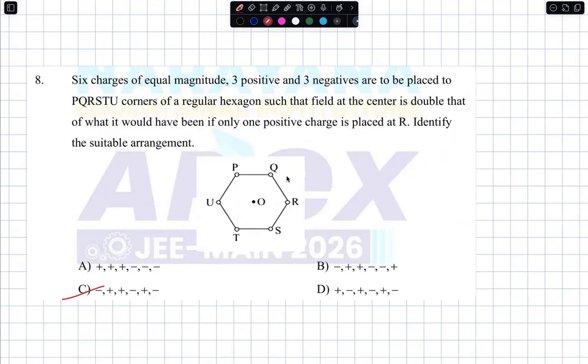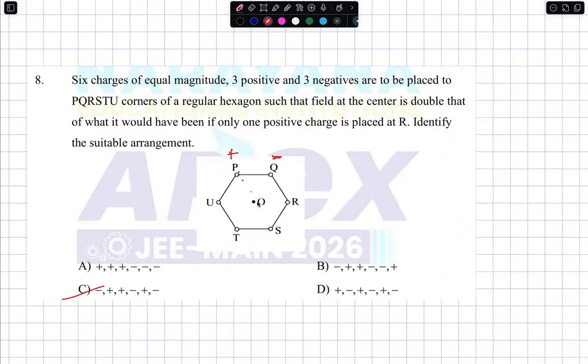One minute. Suppose I place a minus charge and a plus charge. One minute. A plus charge and a minus charge. Suppose all the fields need to be towards R. For example, I'm taking like that.